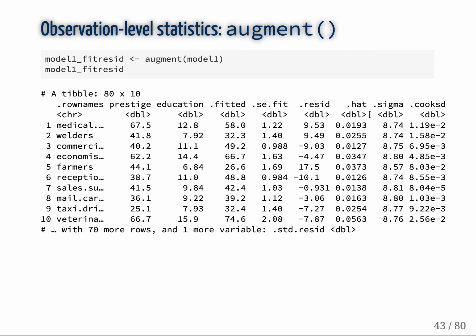If the original data contained row names, augment returns them in a column called dot row names, like this. And again, newly added column names begin with a dot to avoid overwriting columns in the original data.